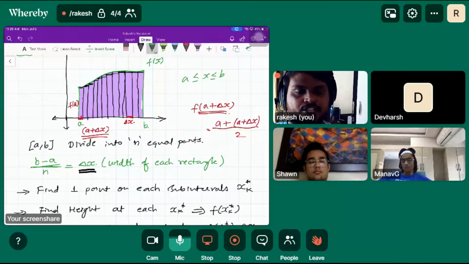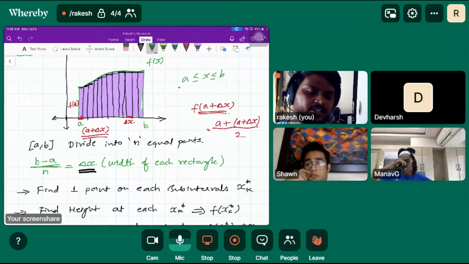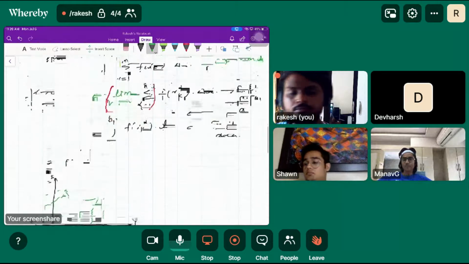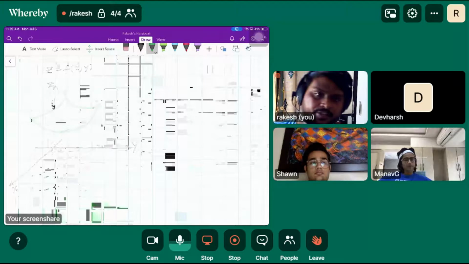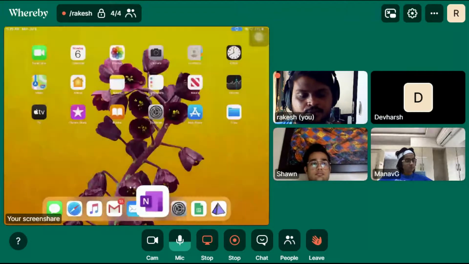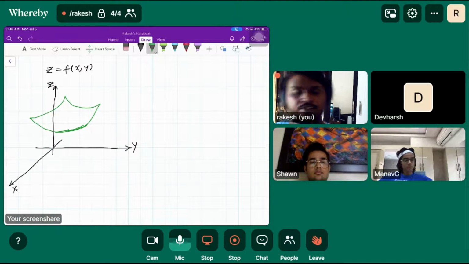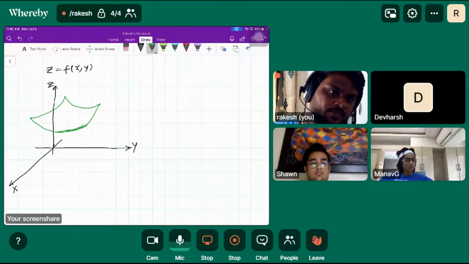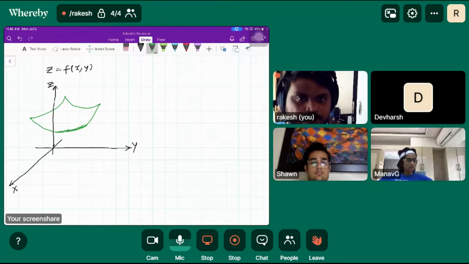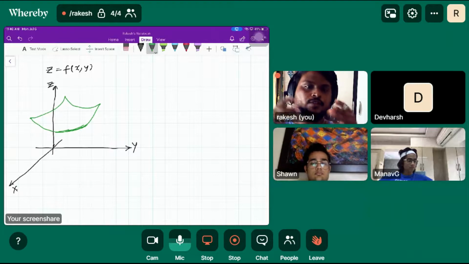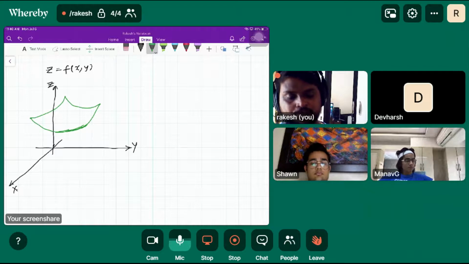Okay, so this is the limiting condition. The condition is always given in terms of independent variables. There are two independent variables here, x and y. So if I want to provide a boundary, it must be given in terms of x and y.